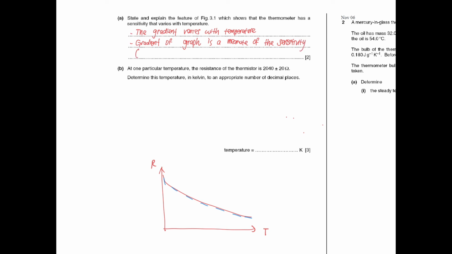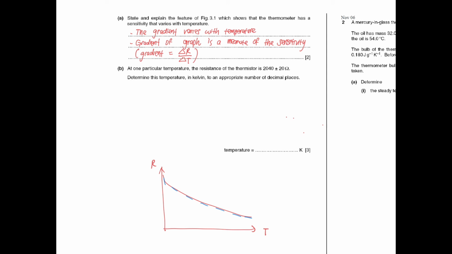So what is gradient? The gradient is actually the change of R over the change of T. Okay, so this is how we answer the sensitivity part. So we talk about the gradient.